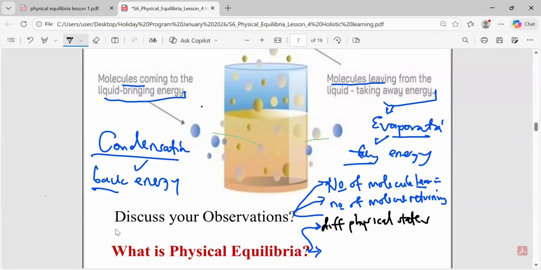In this case, we have looked at two states: the liquid state and the gaseous state. From this, we saw evaporation taking place, changing from liquid to gas, and condensation taking place, changing from gas back to liquid. So those are two states. Okay, I've seen the key ones there. Thank you, Jovix. Any other person?